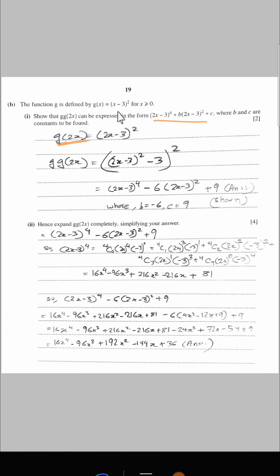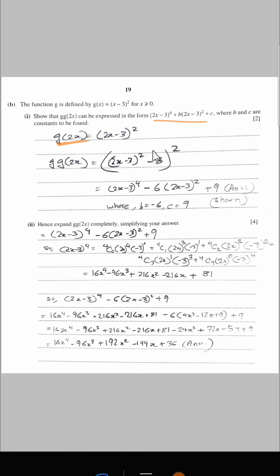Question number 11, part B. The function g of x is given. We need to show g of 2x in the form of this expression. So we first find g of 2x by placing the value in the expression of g of x, and further solve it.